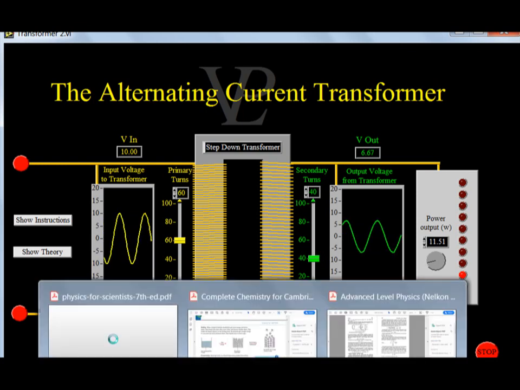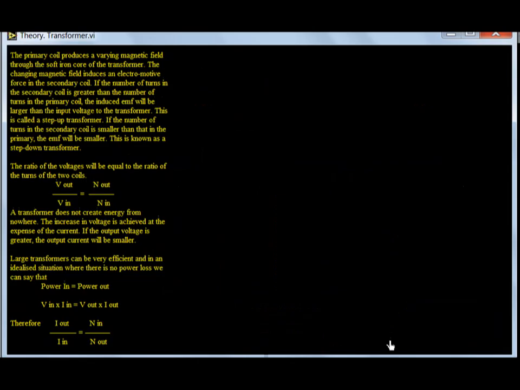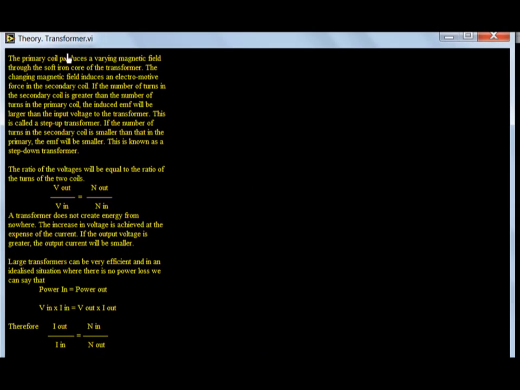So let's go back to the theory of the transformer, which says the primary coil produces a varying magnetic field through the soft iron core of the transformer. The changing magnetic field induces an electromotive force in the secondary coil.